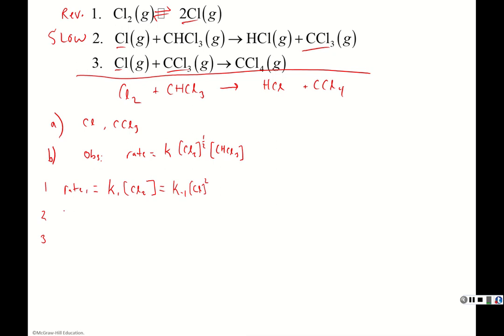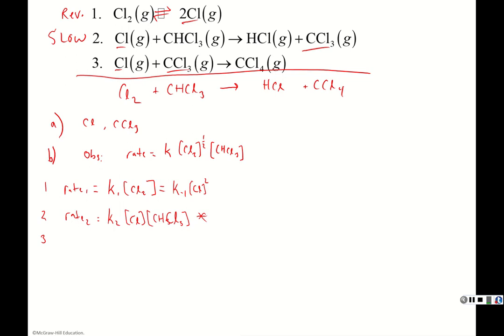Okay, for rate 2, that's our rate limiting step. We'd write k2 times Cl times CHCl3. You might be tempted to say, oh, that's our rate limiting step, we can write our overall rate in terms of this.